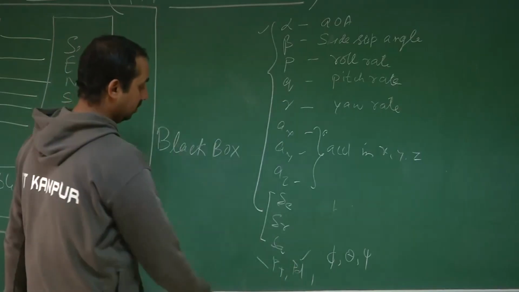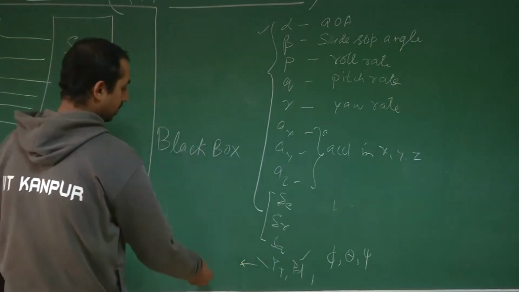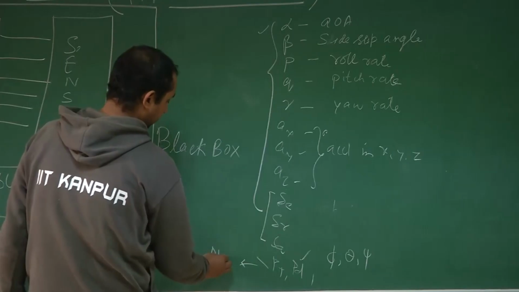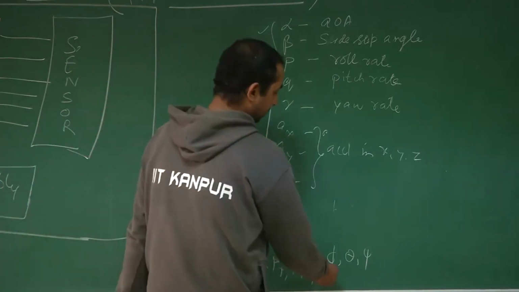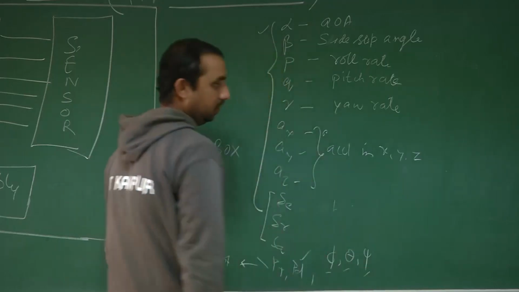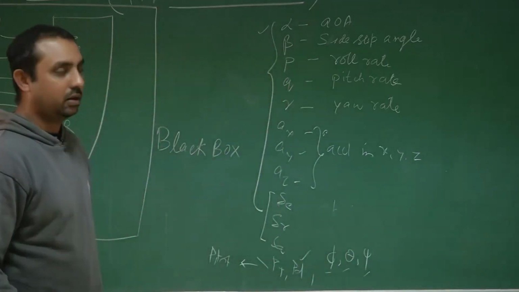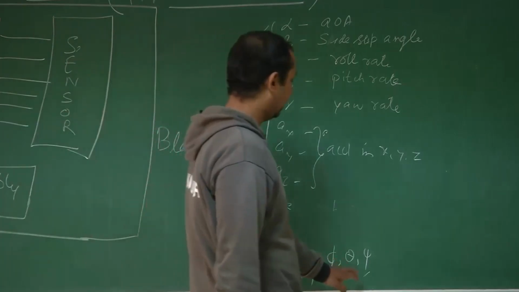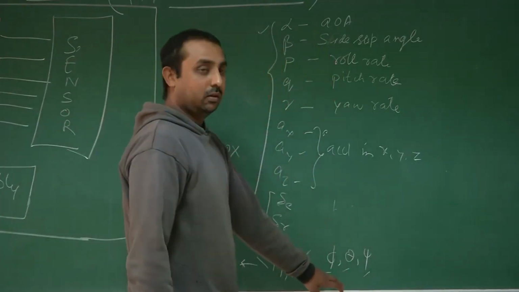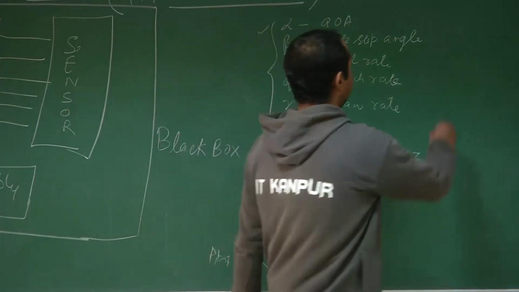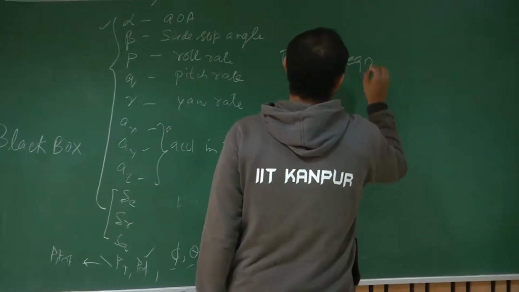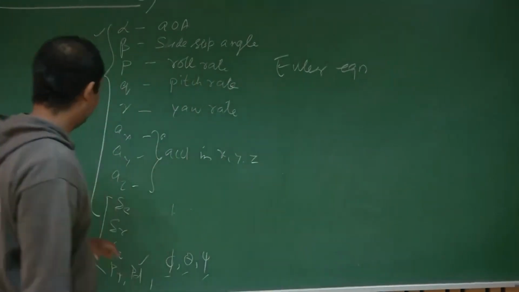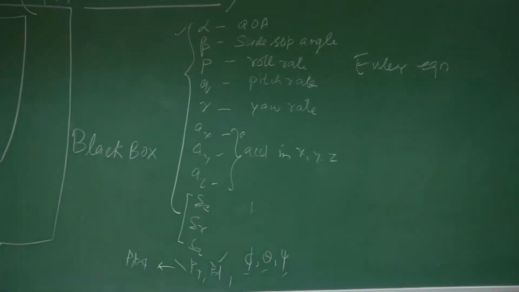This can be determined using pitot. What are the values of your roll, pitch and yaw angle? As you might have studied in your aeronautics course, you can determine the relation between your roll, pitch and yaw angle using Euler equation. These were the data we are determining in our flight data recorder.